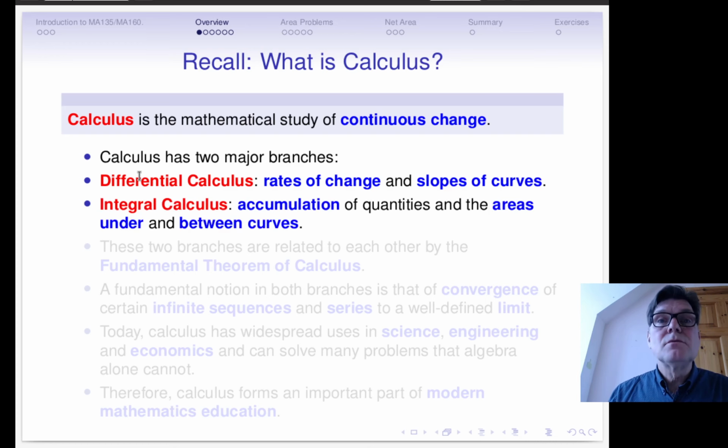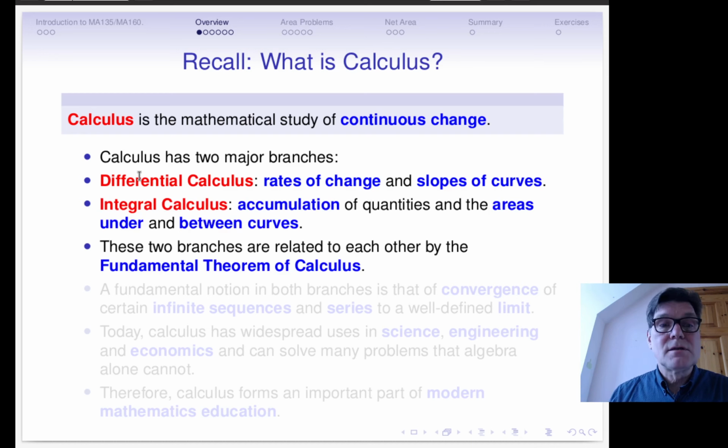These two seemingly unrelated problems, slopes of curves and areas between curves, are in fact related to each other by the so-called fundamental theorem of calculus. That's something we're going to see in week 3.